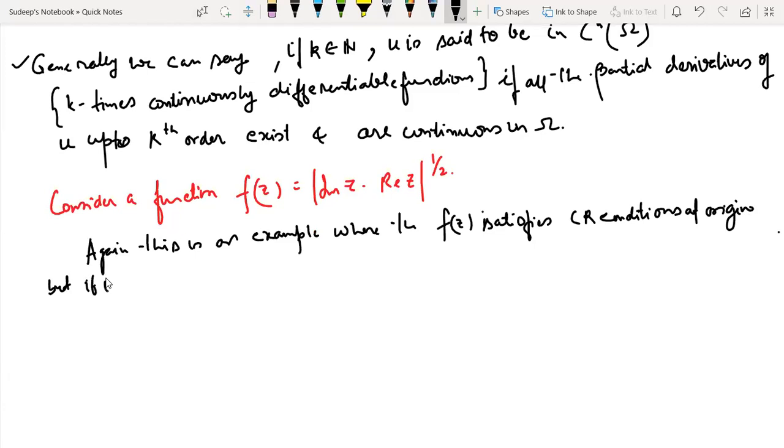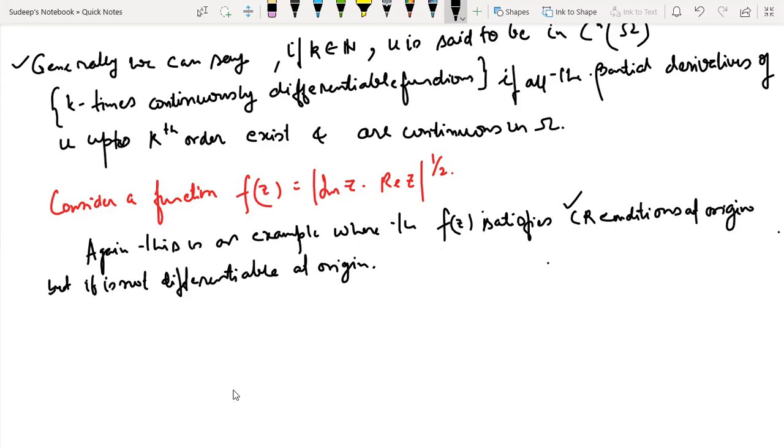But it is not differentiable at origin. So you have to keep in mind that I have told you many times that if a function is differentiable, then Cauchy Riemann conditions hold. If Cauchy Riemann conditions do not hold good, then the function is not differentiable. But if Cauchy Riemann conditions hold true, then it doesn't imply that f(z) is differentiable at that point where Cauchy Riemann conditions are holding true.